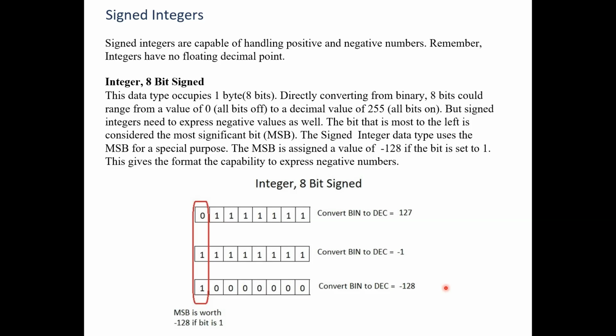The byte at the bottom of the diagram has the MSB set to 1, and the 7 bits to the right are all 0. The result is minus 128. We know that the 8-bit signed integer can represent a number as low as minus 128. Regardless of the other bits, if the MSB is 1, then we know the value will be a negative number.